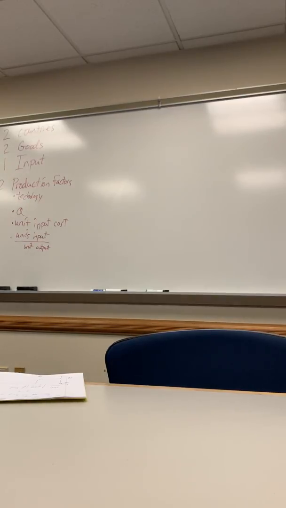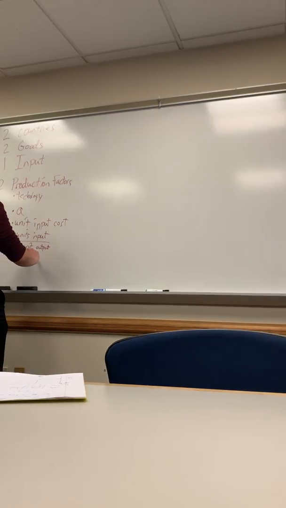And so there's actually 2 different ways to look at this. You've got units of input per unit of output. You could also be given in the question units of output per unit of input, right?